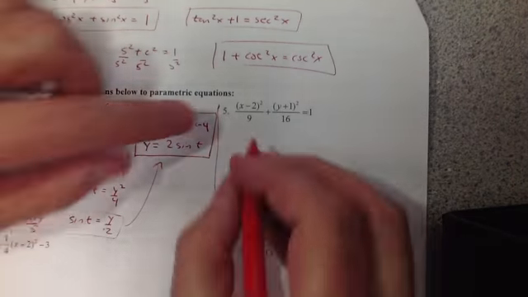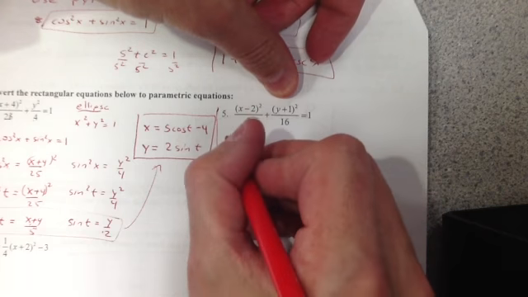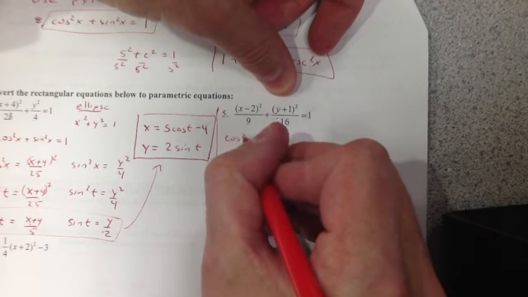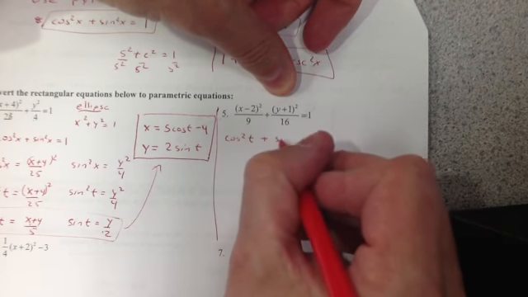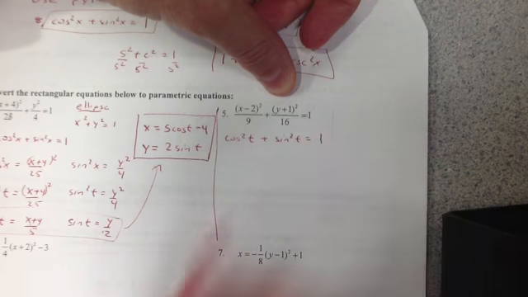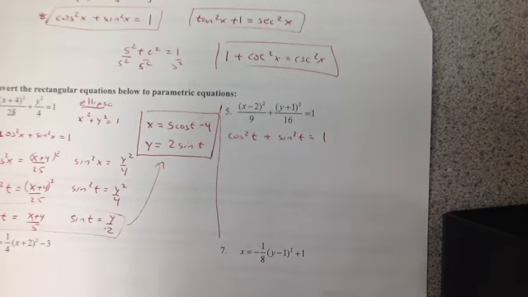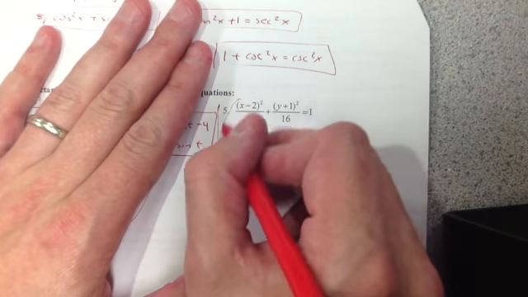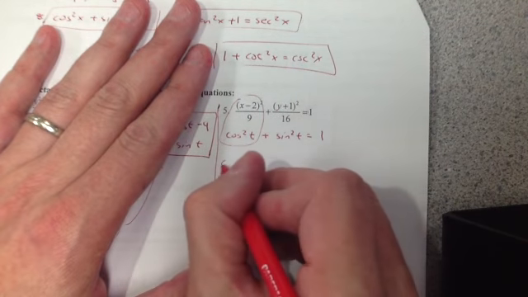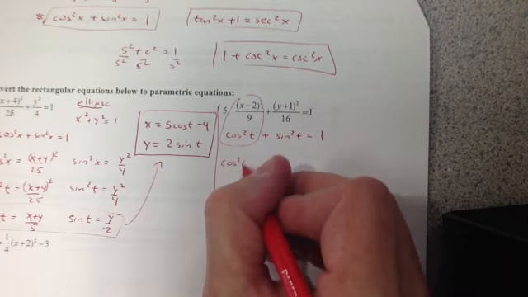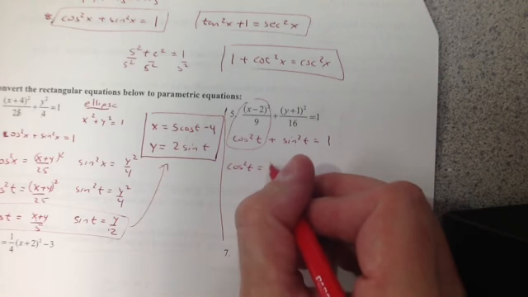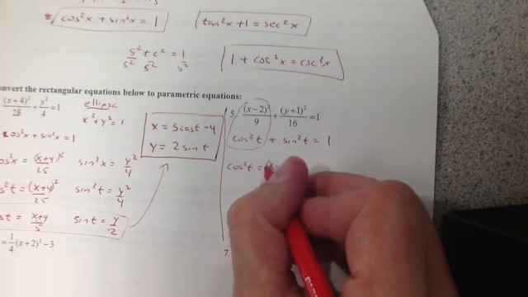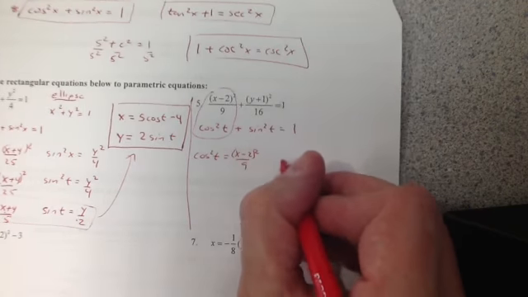Now notice, x and y, cosine squared of t plus sine squared of t equals 1. It's our Pythagorean. So what I'm going to do is I match up. The cosines here match up. So I can say cosine squared of t equals x minus 2 squared over 9.